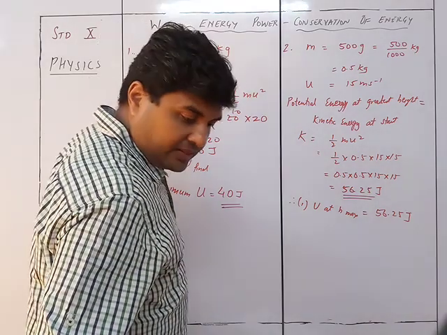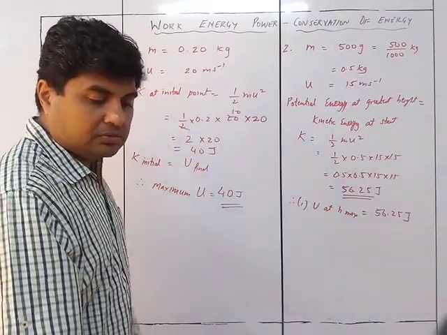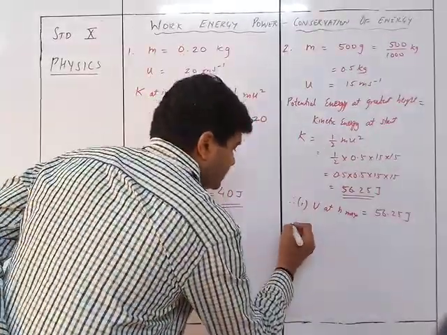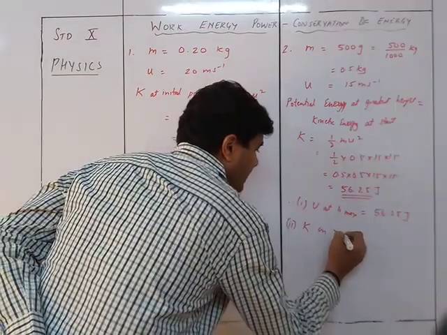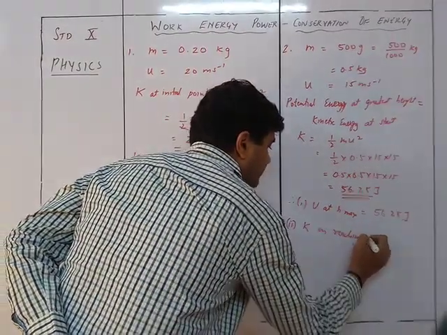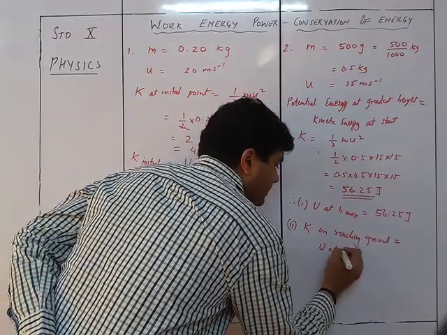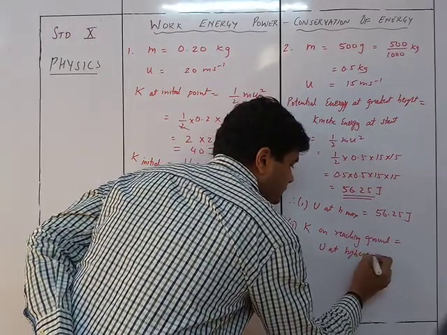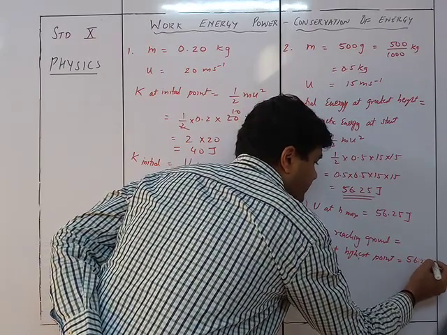Second part is the kinetic energy on reaching the ground. It is thrown vertically upward, and after that it is going to fall down too. So again, second part, K on reaching ground is equal to U at highest point, which is equal to 56.25 joule.